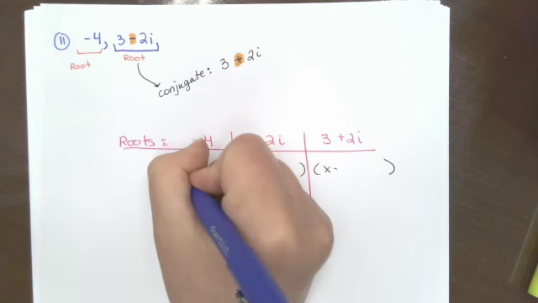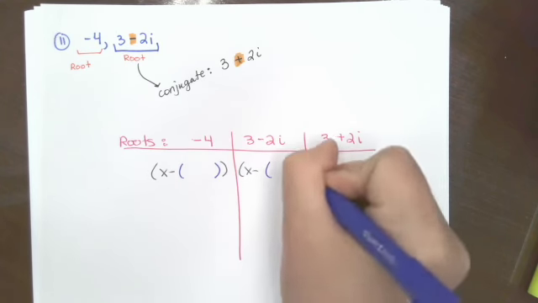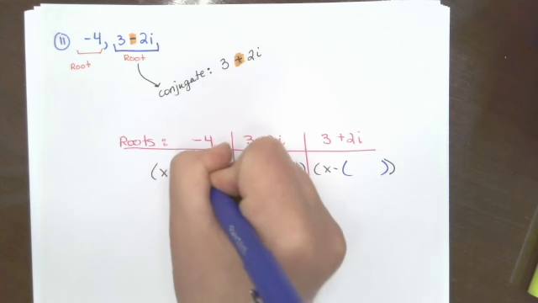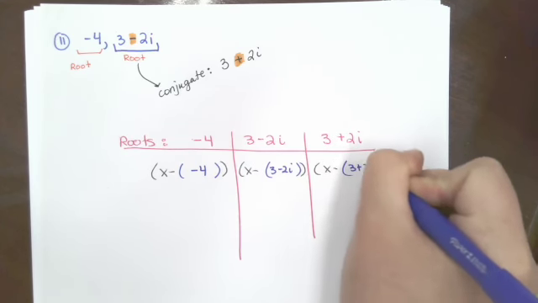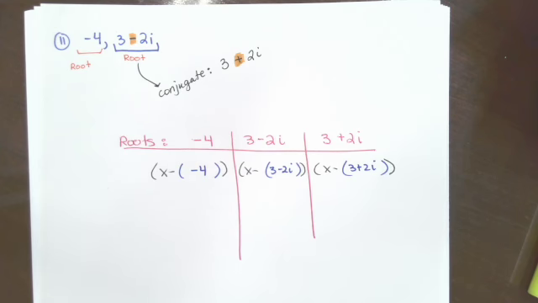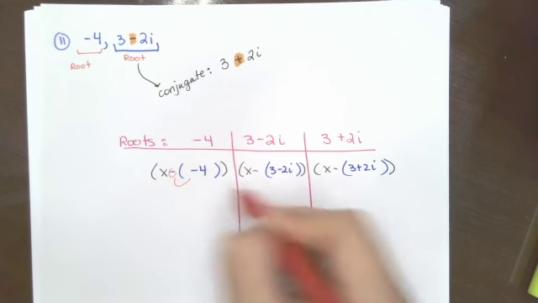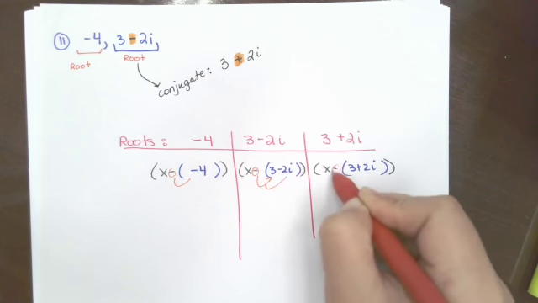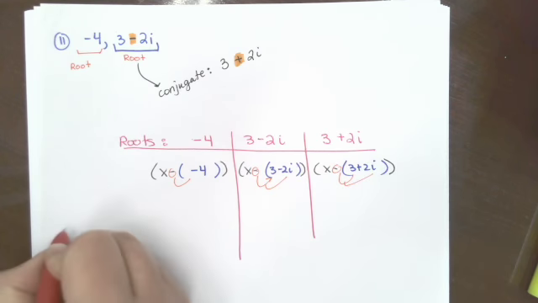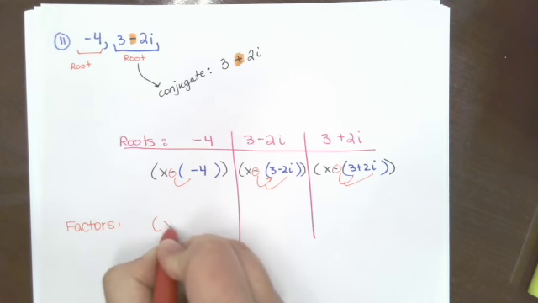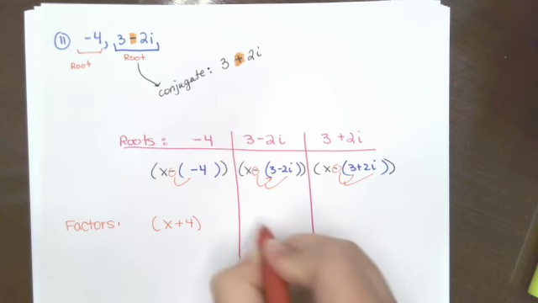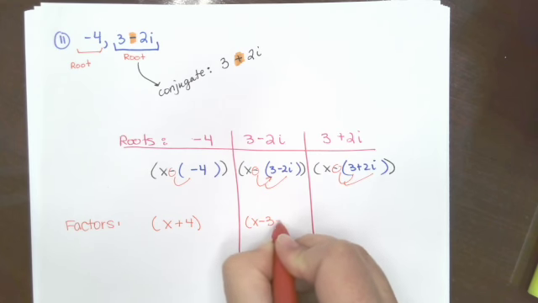Here's -4, here's 3 minus 2i, here's 3 plus 2i. And again, this is a mistake I saw. Just distribute that minus onto everything. So here we have our factors of x plus 4, x minus 3 plus 2i, and x minus 3 minus 2i.